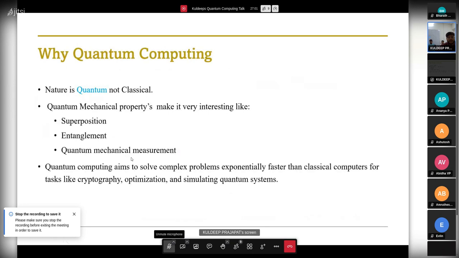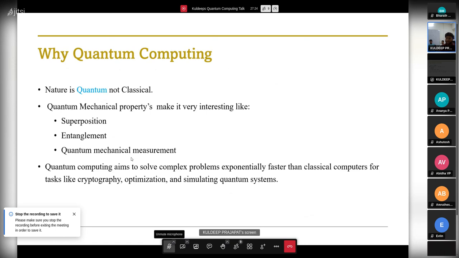Now, why quantum computing? Since ancient times we have been doing computing, from the abacus to the calculator, calculators to computers, and computers to supercomputer clusters. We have achieved so much.